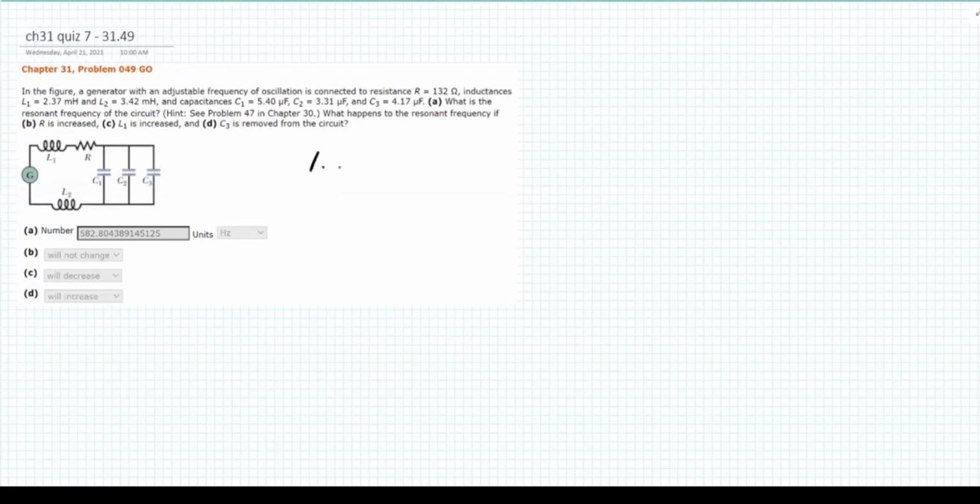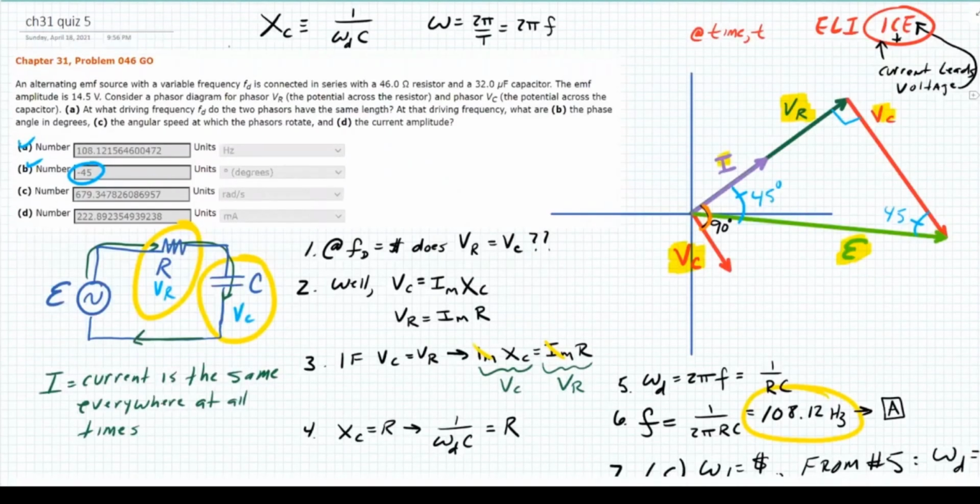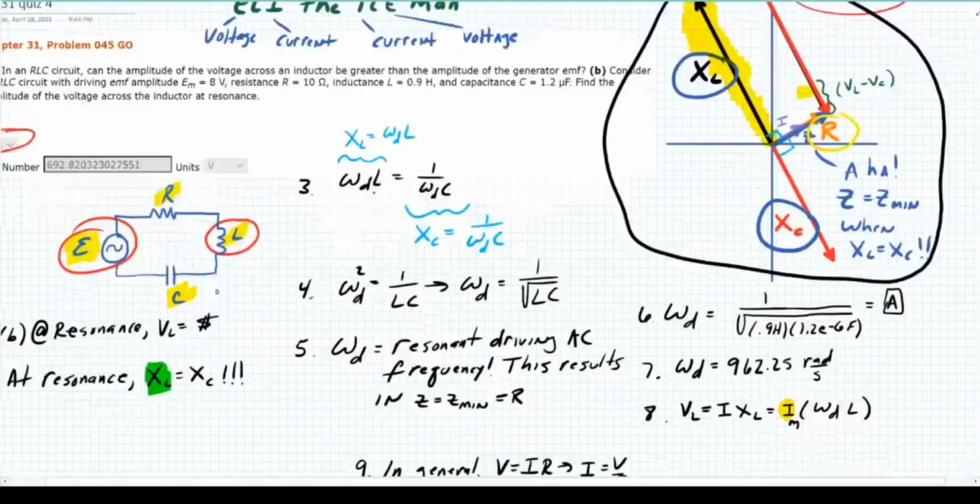So number one, well, again, resonant frequency is this special frequency. Resonant frequency happens when the inductor's reactance perfectly offsets the capacitive reactance. And from this last problem we did, I'm just going to copy and paste.